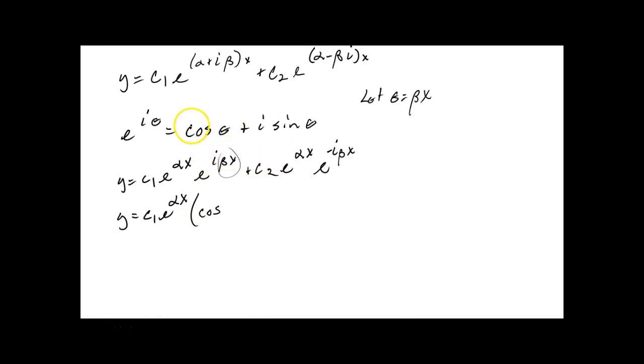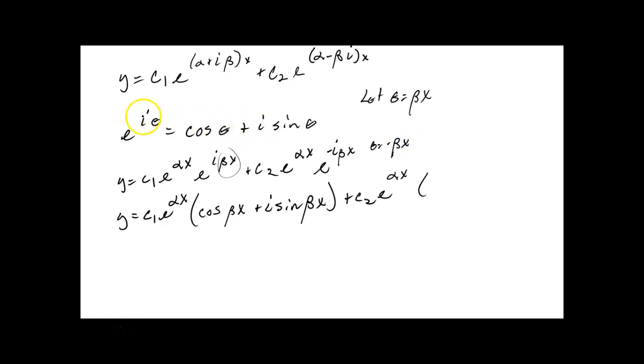So this will be e to the cosine beta x plus I sine beta x, plus C2 e to the alpha x. And then this one, e to the minus I beta x, will now be, in this one, your theta is minus beta x.